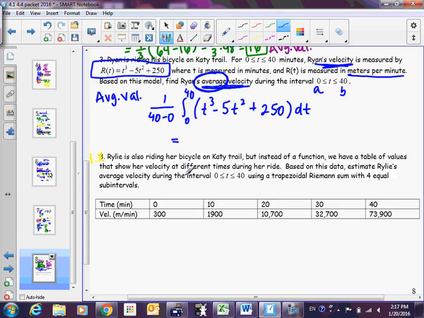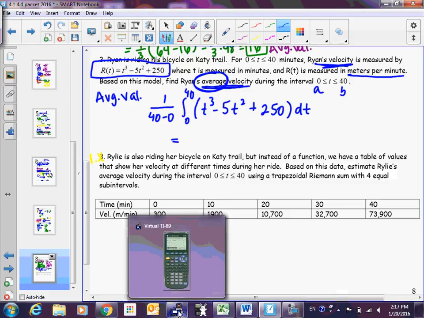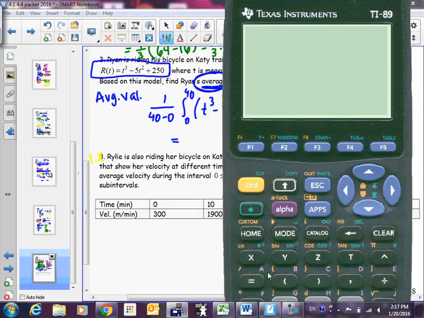And so what I was saying earlier was the good thing about these word problems is you're going to get to use your calculator. Okay? And this would be really horrible to do by hand. All right? Really horrible. Especially if you had to simplify. Okay, so let's look in our calculator.